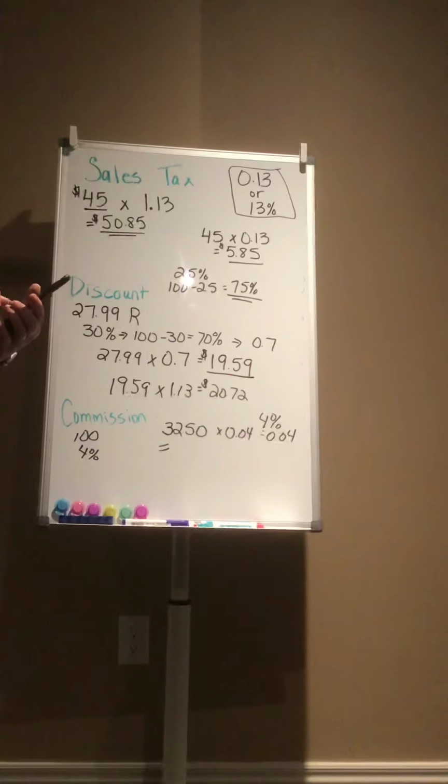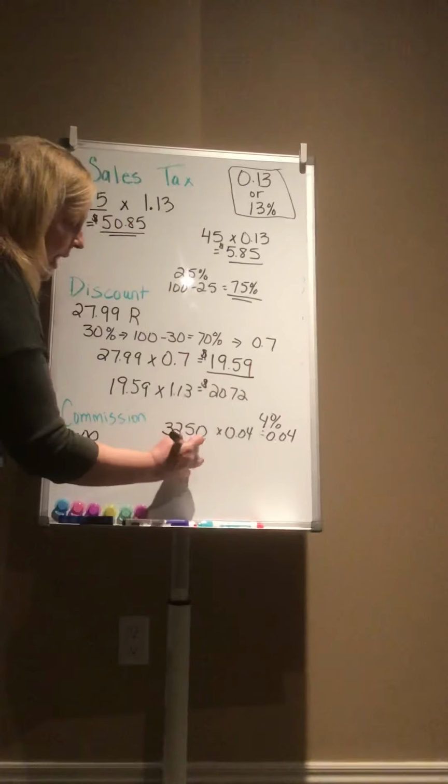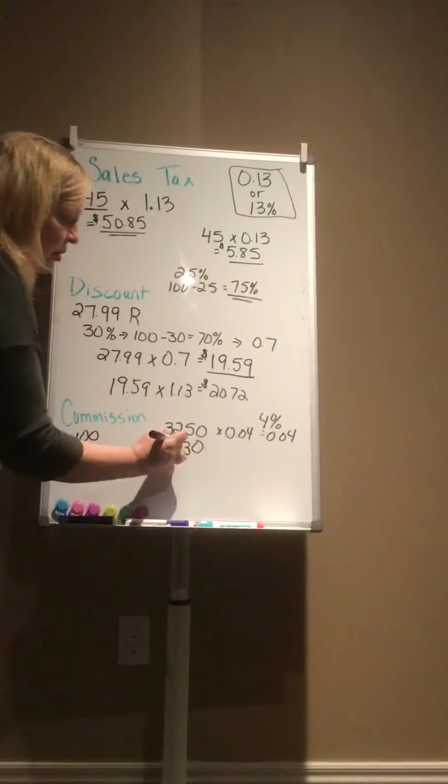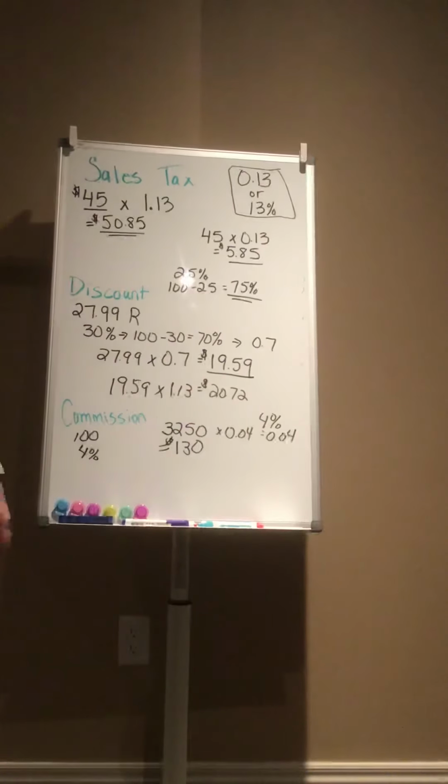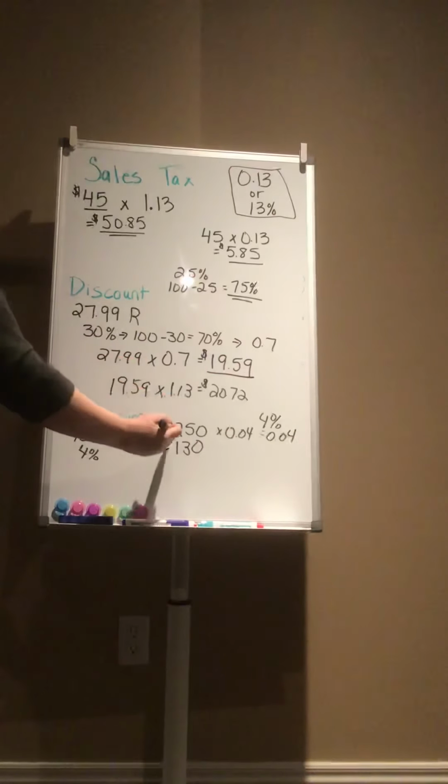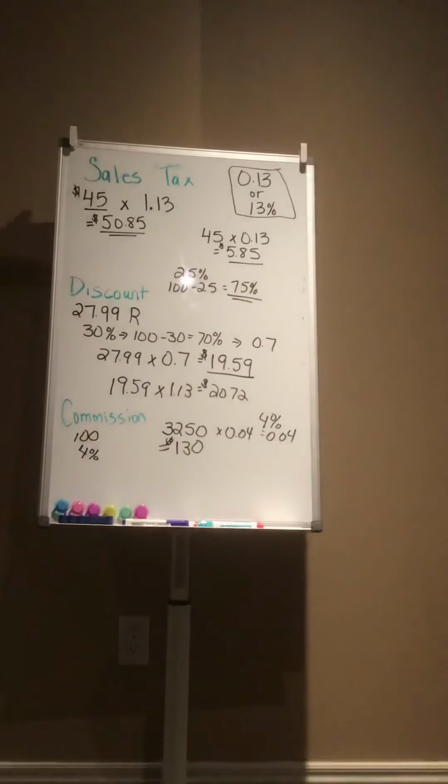So $3,250 I sold, and I get 4% of that as my commission. 3,250 times 0.04, I make $130 in commission.